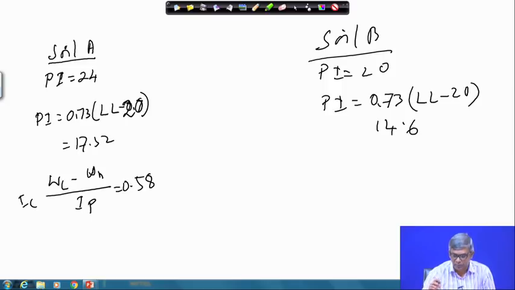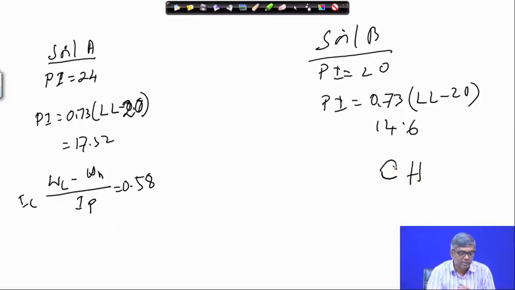Here the liquid limit is 55; since it is more than 50, it is highly plastic. So soil B is clay of high plasticity, that is CH, and clay A is clay of intermediate plasticity. The IC for A is 0.58 and for B, IC equals 0.25.